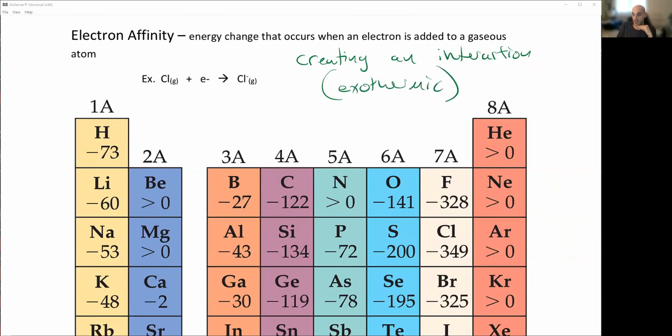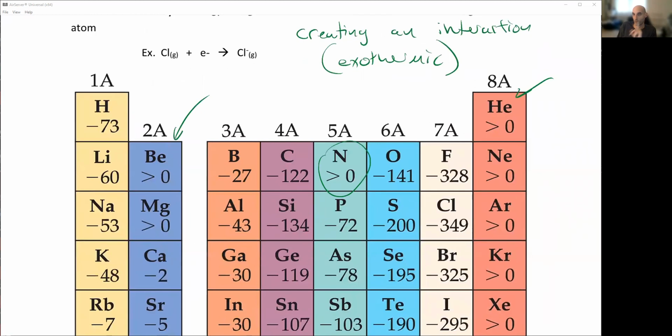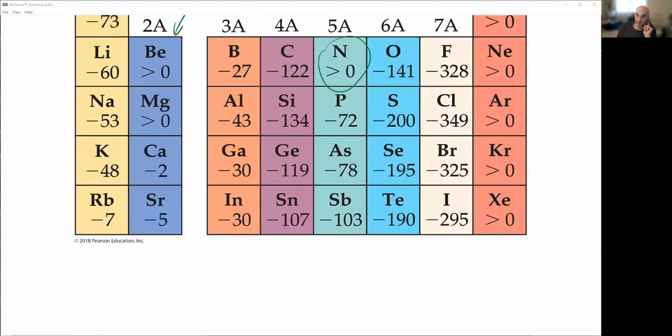All of these values are negative because we're creating an interaction between a nucleus and a negative charge. That's why you see the negative values, except we don't see the negative values for beryllium. Nitrogen has a positive value. All of these have a positive value. So the question is, why do they all have a positive value for electron affinity, adding an electron, creating that negatively charged anion? We'll talk about that in class as well.